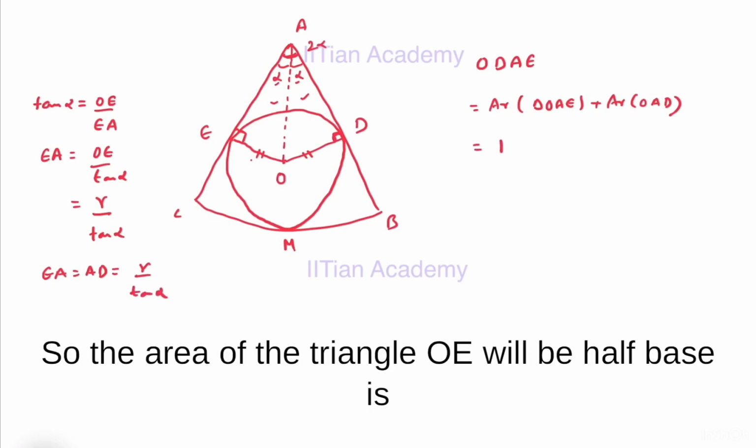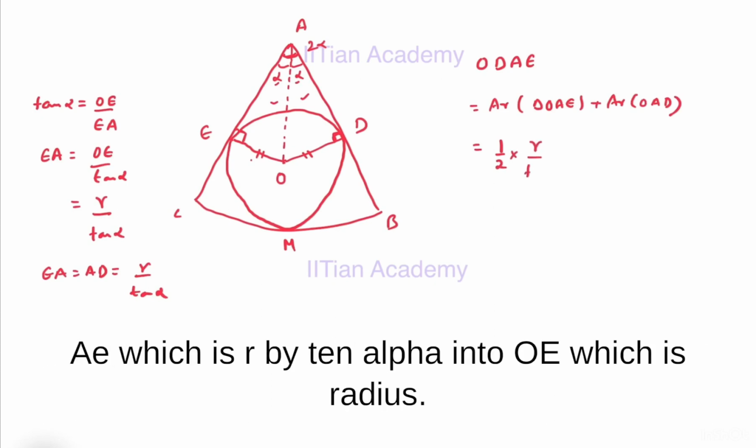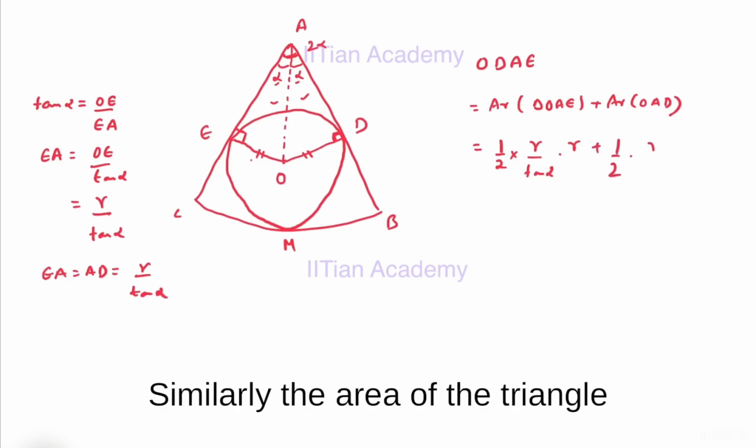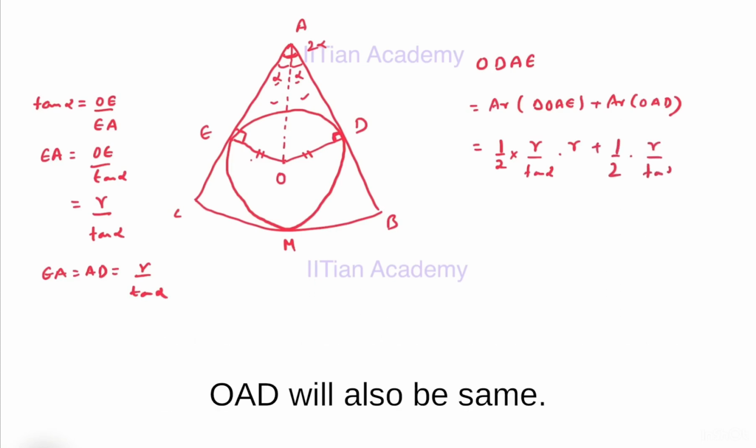So the area of the triangle OAE will be half, base is AE, which is R by tan alpha, into OE, which is the radius. Similarly, the area of the triangle OAD will also be the same.